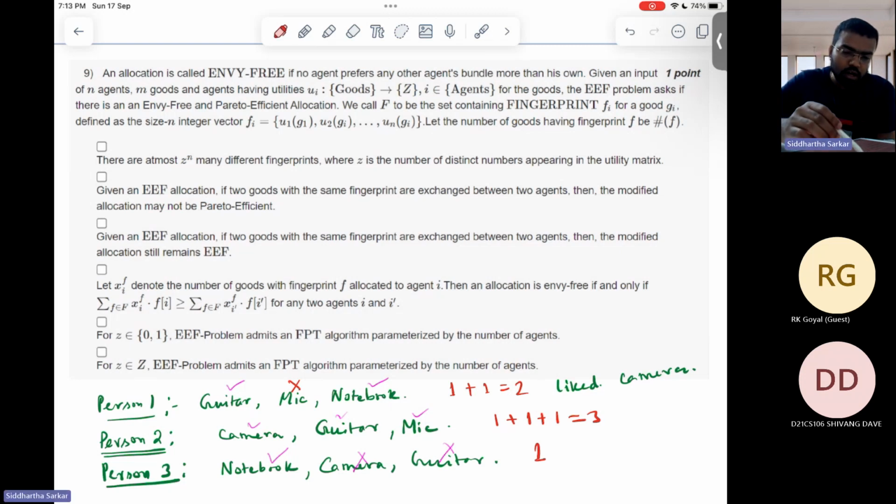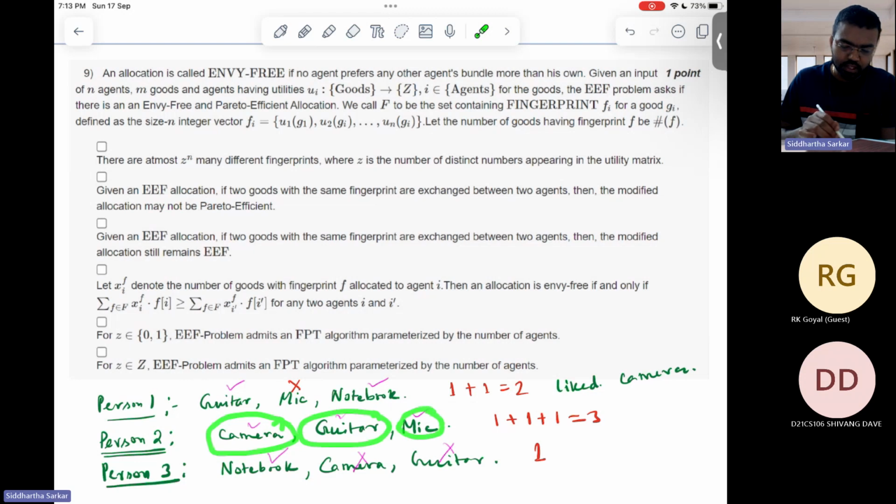Fine. So now after the allocation is made, after the allocation is finalized, person 1 gets to see the allocation of persons 2 and 3. So person 1 realizes that he has received a utility of two objects that he likes, but he realizes that if person 2's bundle had been given to him, he would have got one utility from the camera, one utility from the guitar, and nothing from the mic because he doesn't like the mic.